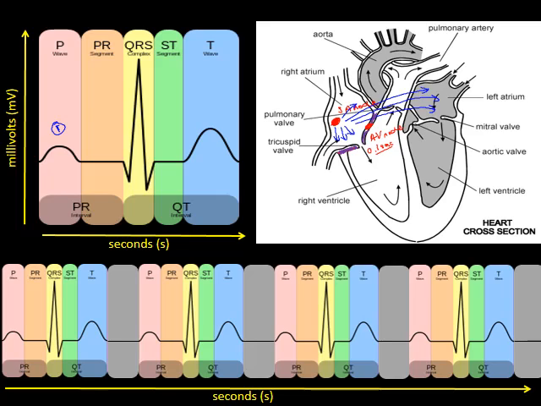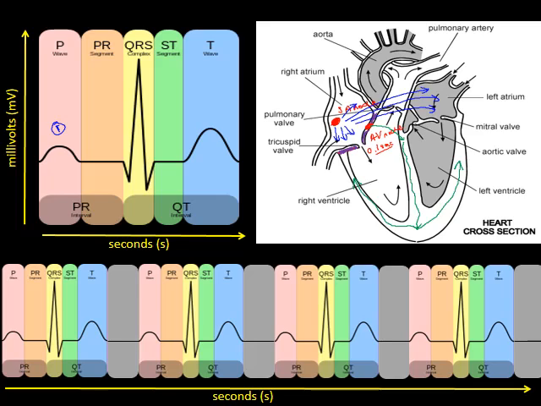Now, the AVN passes the wave of depolarization to the bundle of His, and we know there are 2 branches to the bundle of His. It passes down the septum between the 2 ventricles, and it then splits into Purkinje fibers that pass up the walls of the ventricles. So the wave of depolarization spreads very, very fast down the septum, down the bundle of His, up the walls of the ventricles through the Purkinje fibers.